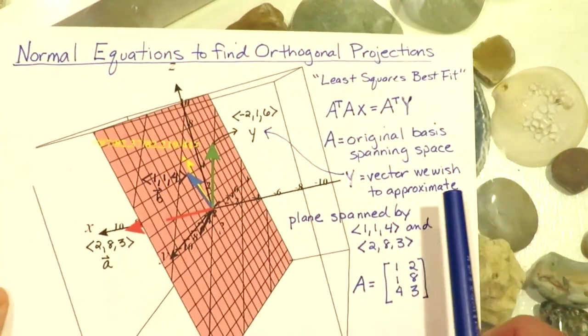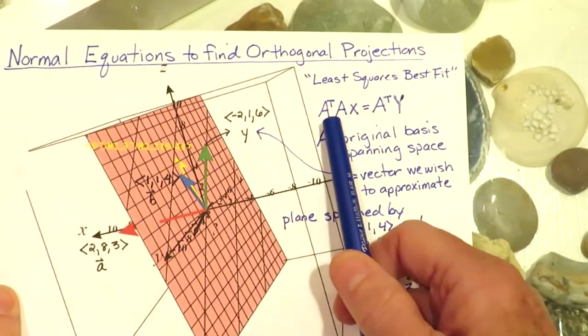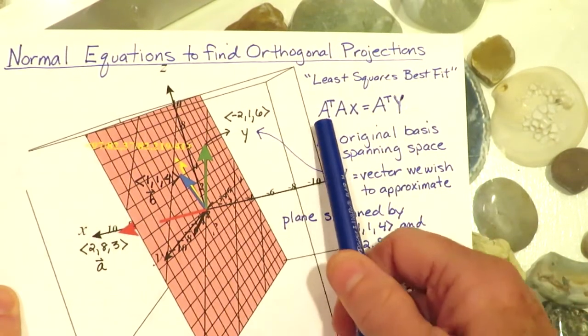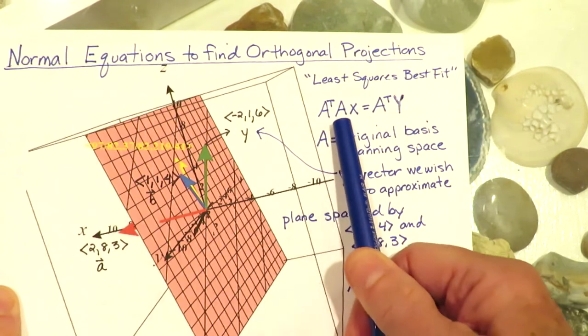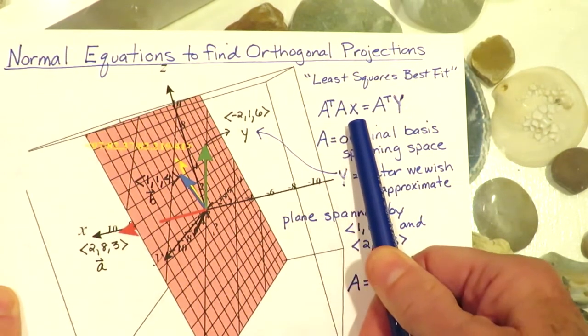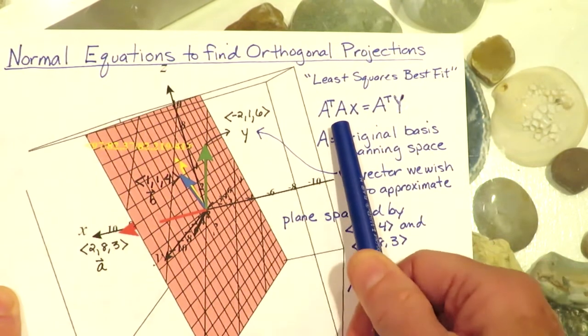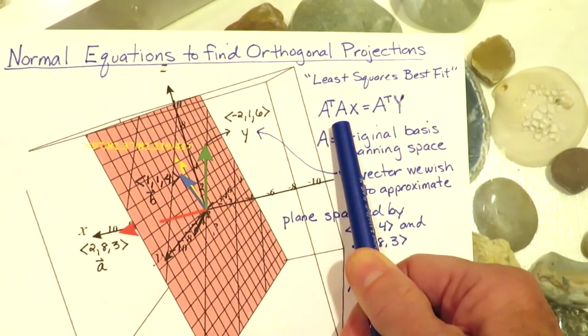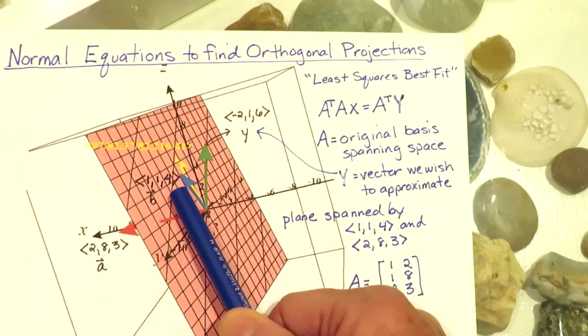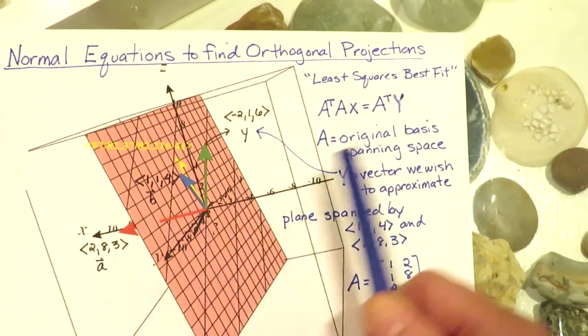So the method has us use this equation: A transpose times A times X equals A transpose times Y. A is built from the vectors that form the original span space. So for our example here, matrix A is going to contain (1, 1, 4) and (2, 8, 3).